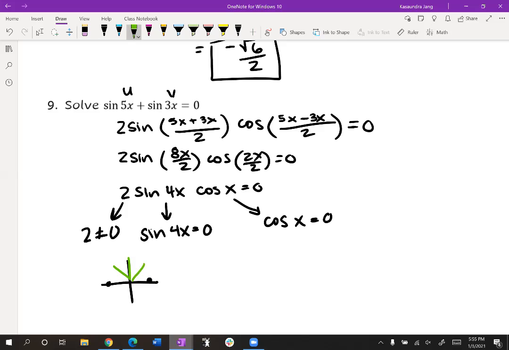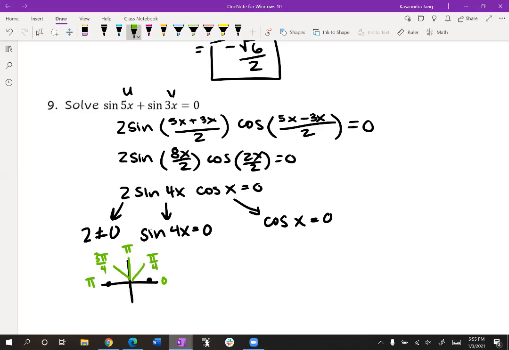So these would be at 0, this is pi fourths, pi halves, this is 3 pi fourths, and pi.